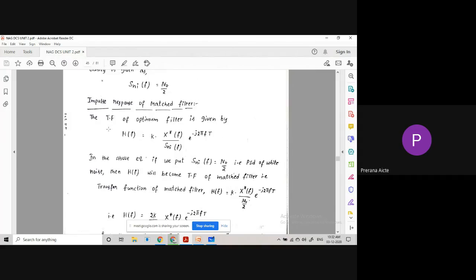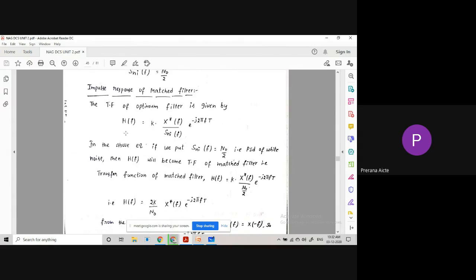To find it, first we find the transfer function of the filter, which is the ratio of output to input, k times x star of f by Sni of f, where Sni of f is the power spectral density, N0 by 2. Then h of f is the transfer function of the matched filter. What is x of f?